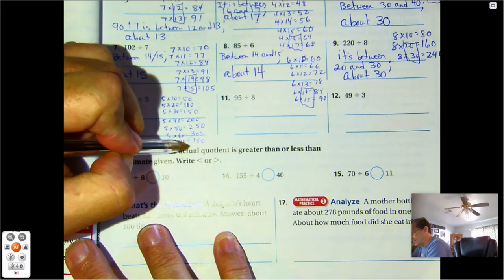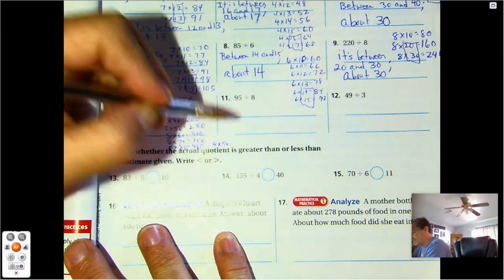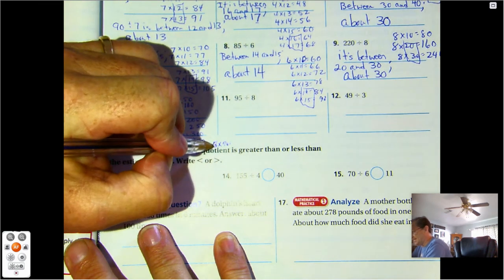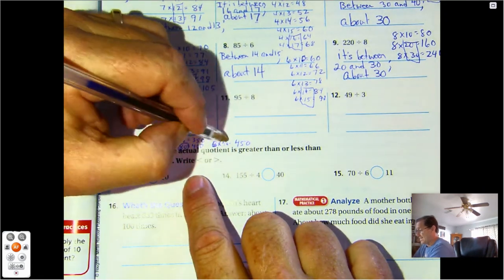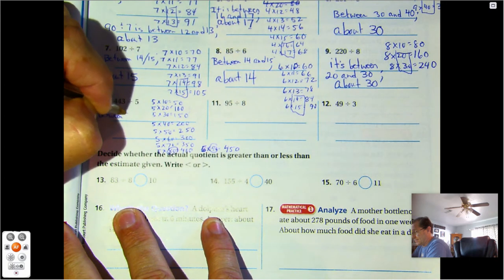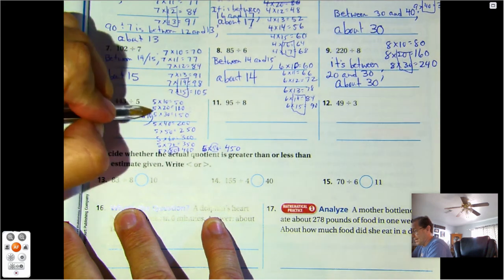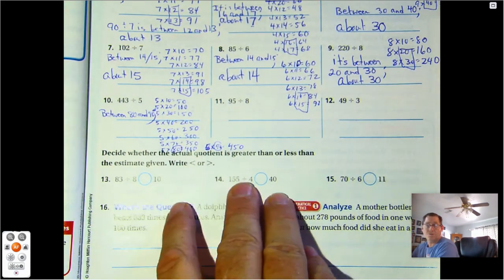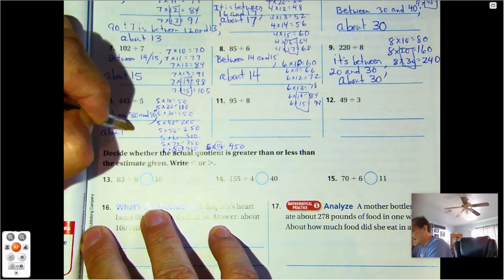And 5 times 90 is 450. So we know that it is between 80 and 90, and it's closer to 450. So I'm going to say about 90 for the quotient.